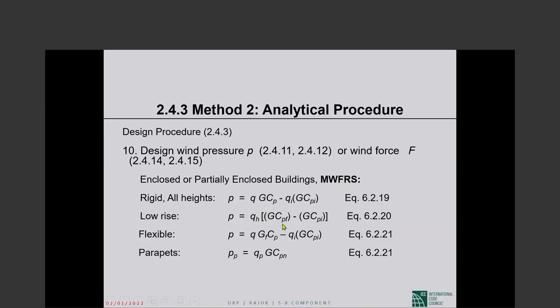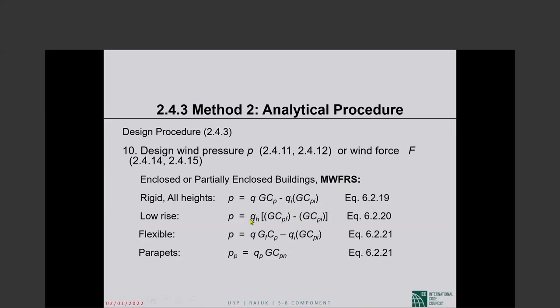Okay, this is what is different for low-rise buildings, the so-called low-rise analytical procedure. The low-rise buildings you can design by that procedure, absolutely allowed. This is for any height. But there is this low-rise analytical procedure, the specialized thing that I skipped there.